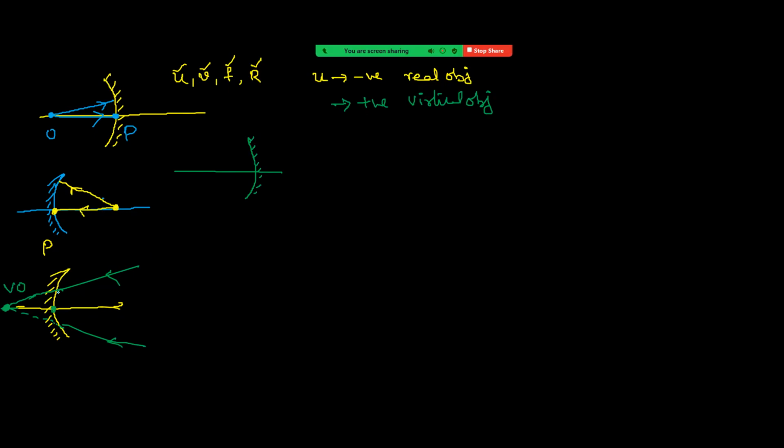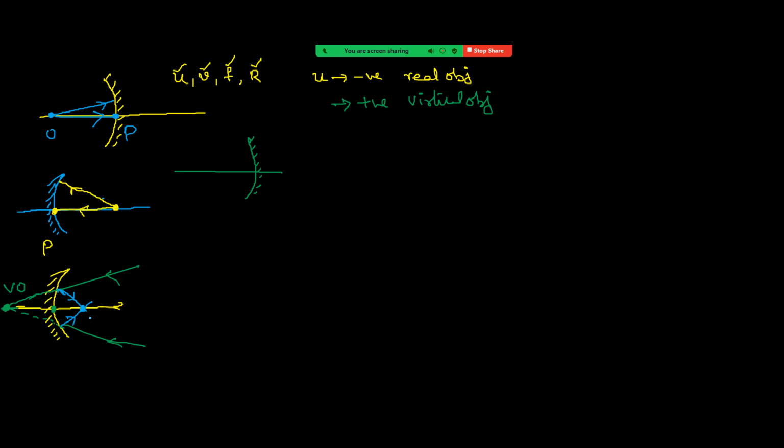If light rays are really converging after reflection, then that will be a real image. You can see they really converge in front of the mirror. That means they converge on the negative x-axis.